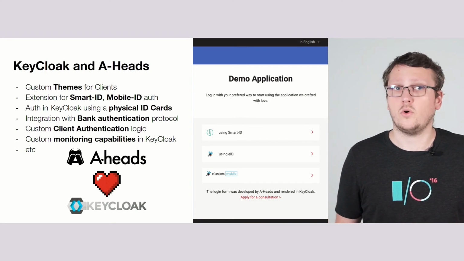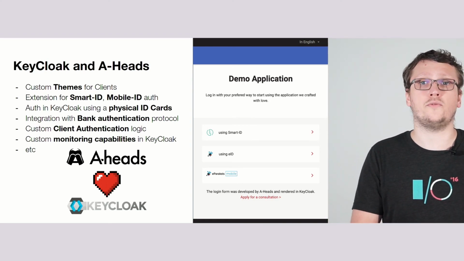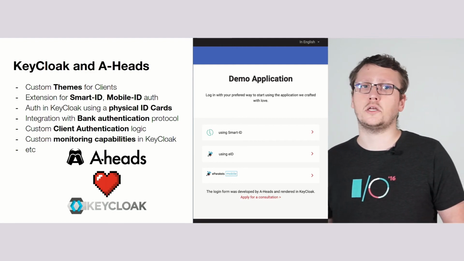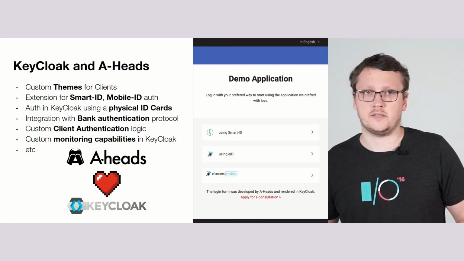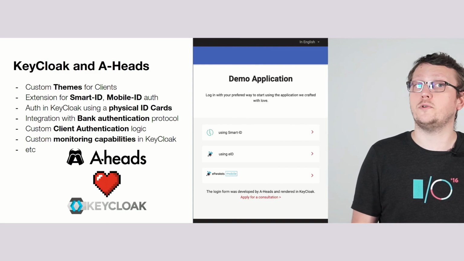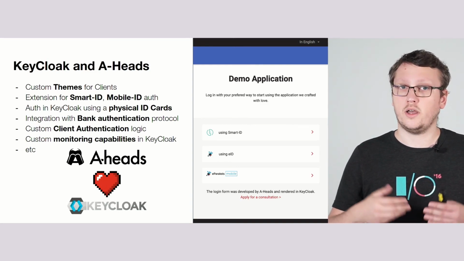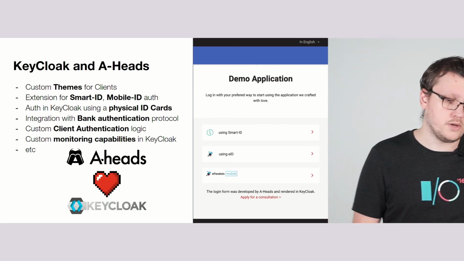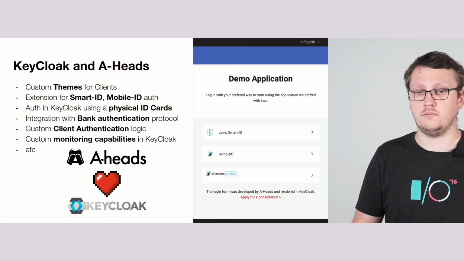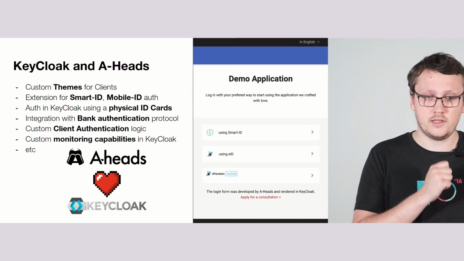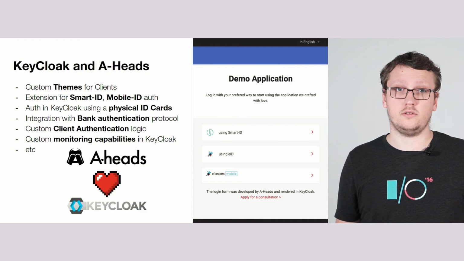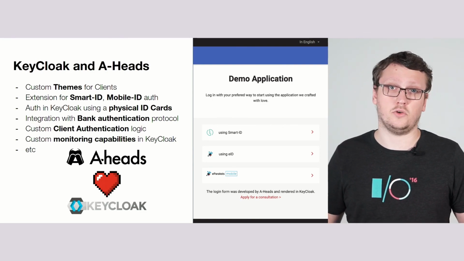We've built quite a few different extensions for trust providers like Smart ID, Mobile ID, and also physical ID cards. So you would have a website and, only with a USB adapter with an ID card inside it plugged in, you can log in. Bank authentication is also possible.